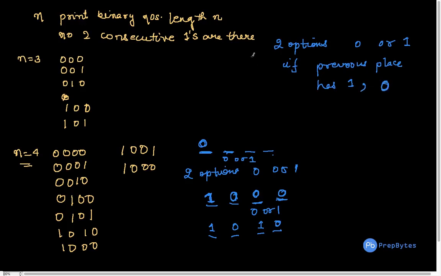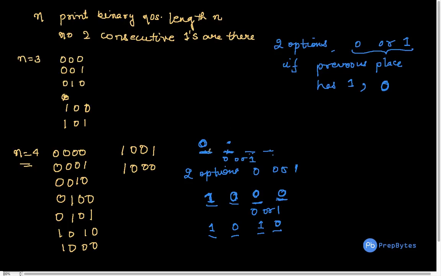And if the previous place has 0, then I have 2 options, 0 or 1. So for every place, we keep on filling the places one by one, and when filling a place, if the previous is 0, I simply put 0 or 1 depending on whatever I choose to do.